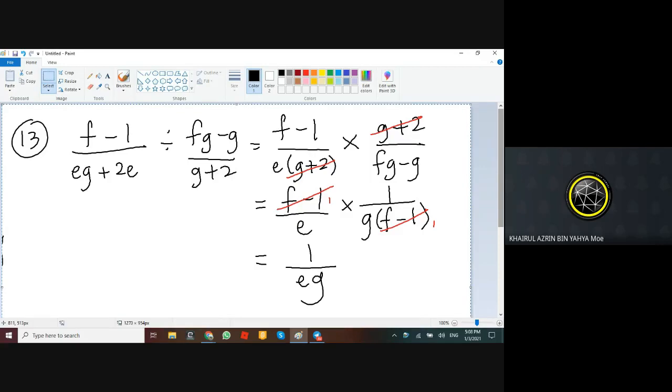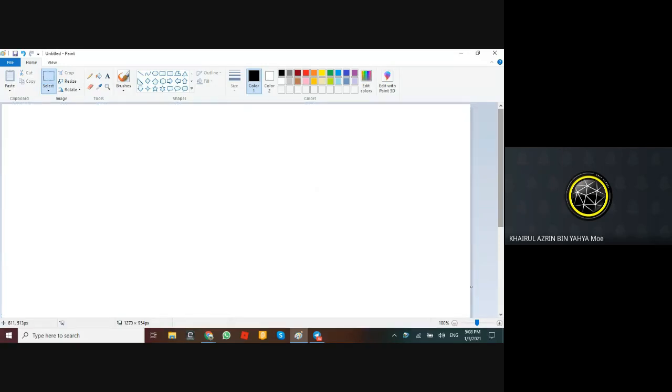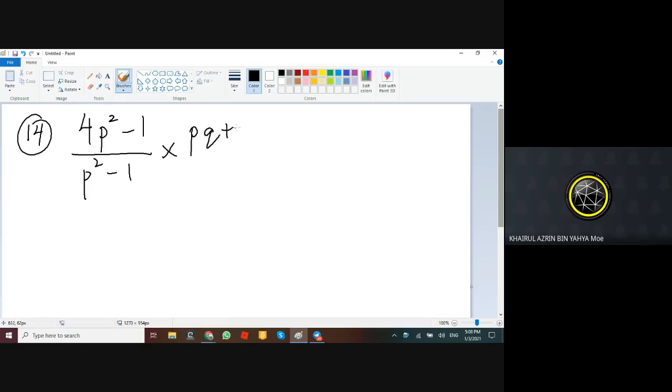Okay, now 508. Okay, we still have time. Question 14. 4P square minus 1 over P square minus 1, times PQ plus Q, over 4P minus 2.